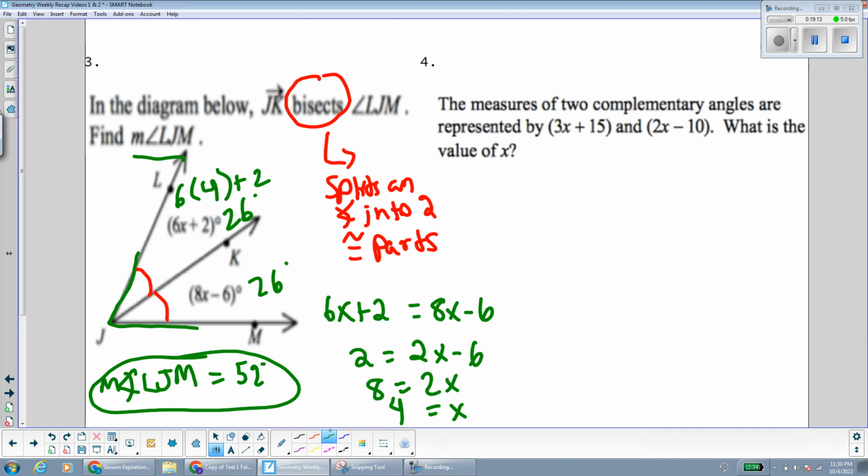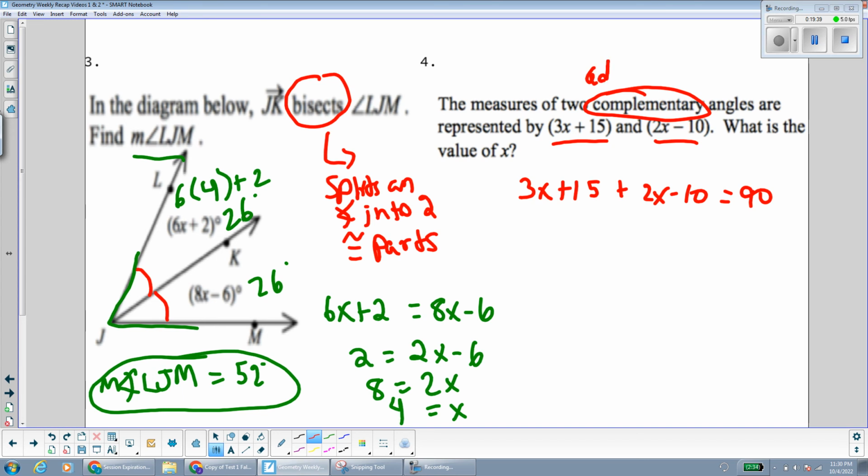The measure of two complementary angles are represented by 3x plus 15 and 2x minus 10. What is the value of x? Complementary angles mean that they add to 90 degrees. So I can make an equation that says the 3x plus 15 angle plus the 2x minus 10 angle together make 90 degrees. And I'll make a note of that.